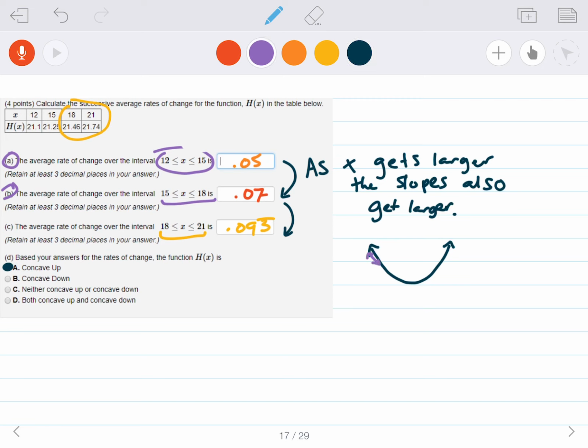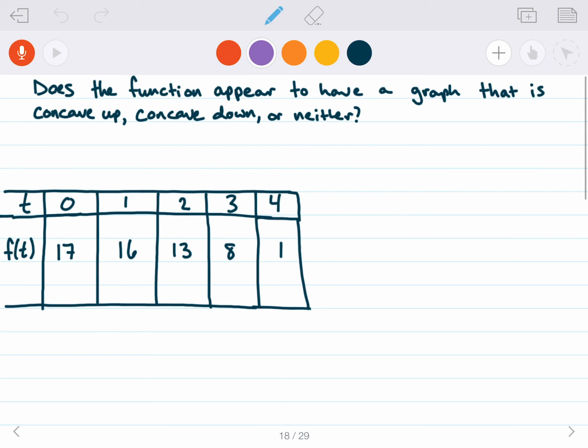So again, as x gets larger, the slopes get larger, and that is represented by concave up. All right. So does this function appear to have a graph that's concave down, up, or neither? We're going to calculate the slopes, and then we're going to just kind of draw a brief picture.